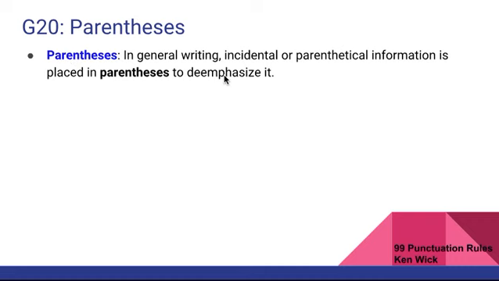So you could separate that information with commas, dashes, or parentheses. And parentheses de-emphasize the information. That's the purpose in general writing. You're putting in there, oh, this is just additional information that you may find interesting.